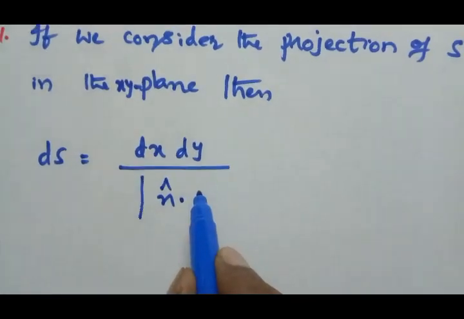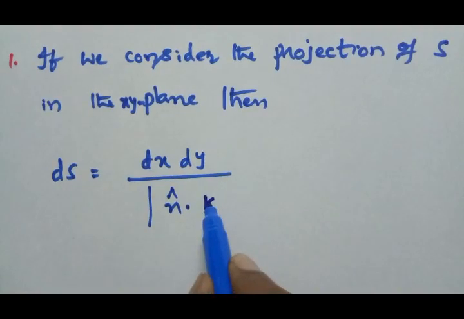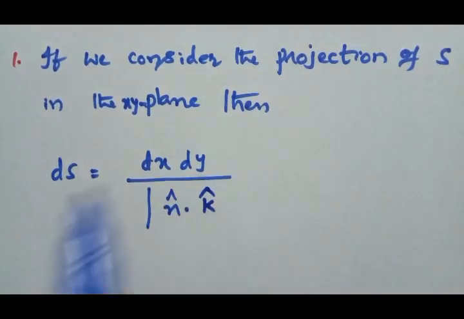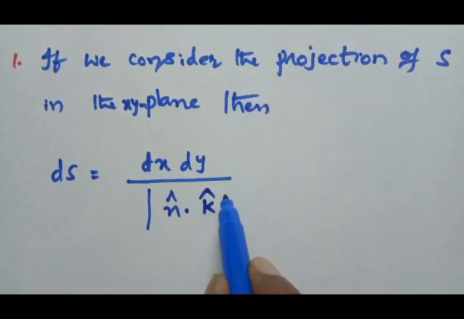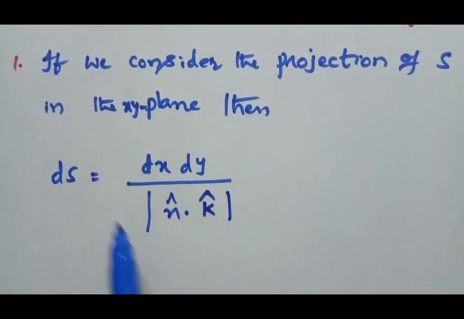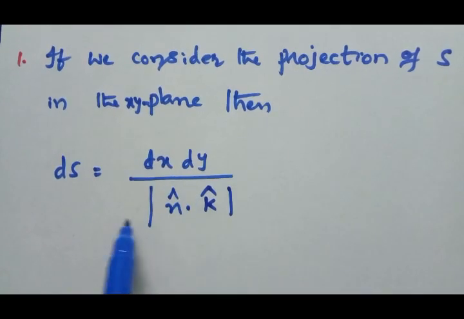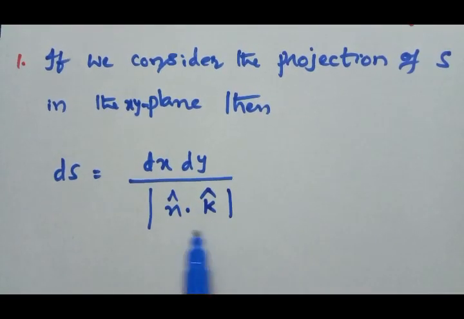Since the z axis is perpendicular to the xy plane and the unit vector along the z axis is k cap, ds is equal to dx dy by modulus of n cap dot k cap.